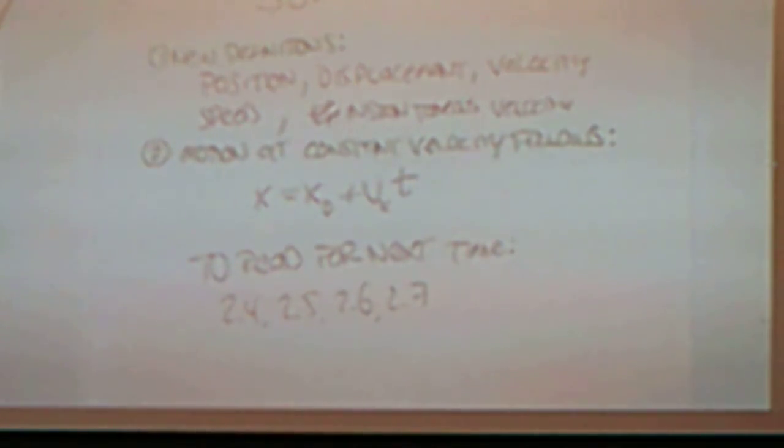We talked about velocity, 3 different kinds of velocities, because that's the way we roll. We talked about average velocity, which is just displacement divided by change in time, so delta x divided by delta t. We talked about speed, which is the distance traveled divided by the time.